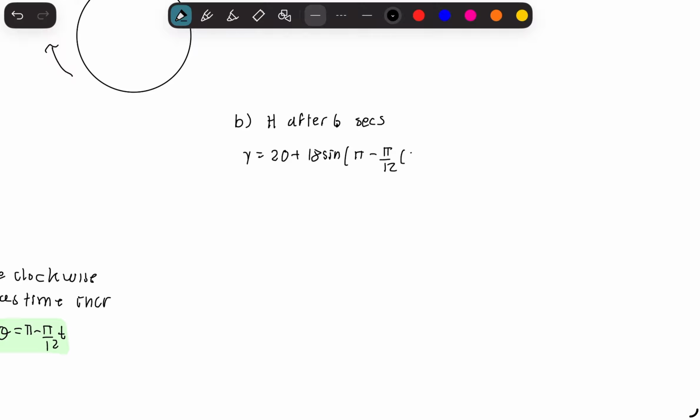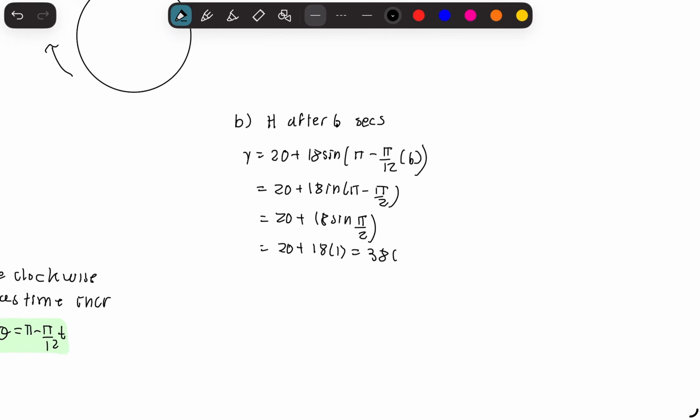Instead of t, we're going to put 6, and we just simplify now. So it's going to be 38 feet.